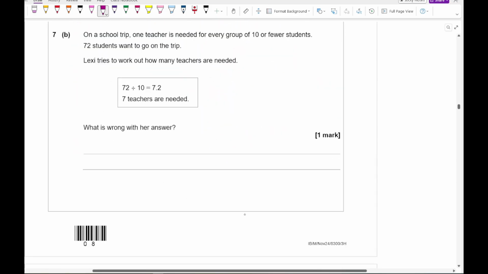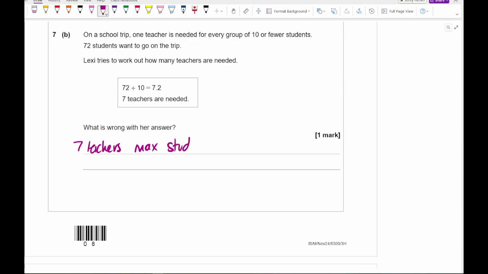It then says on a school trip, 1 teacher is needed for every group of 10 or fewer students. 72 students want to go on a trip. Lexi tries to work out how many teachers are needed, and there's her working out what is wrong with her answer. Well, if there was 7 teachers, then the maximum number of students equals 7 times 10, which is 70.